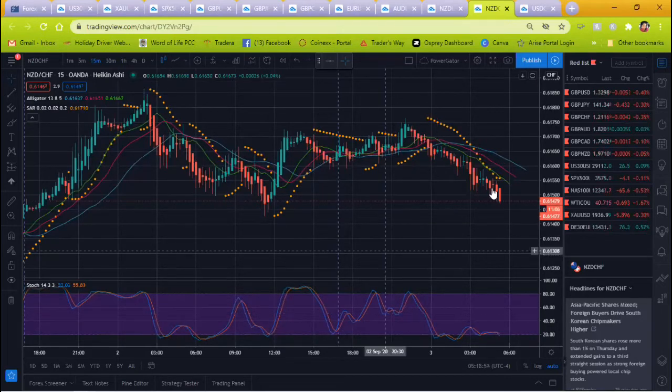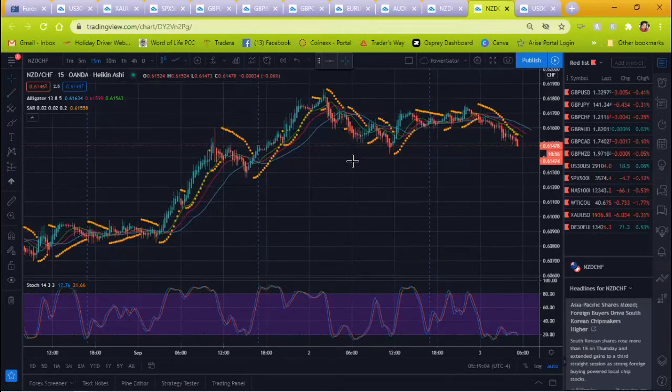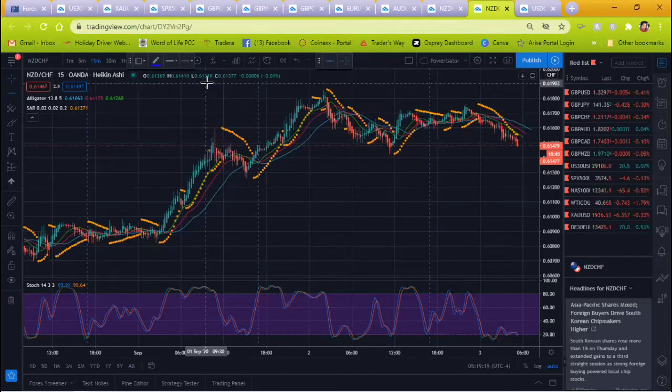Let's see. But because this alligator mouth is wide open, let's go ahead and see if we can get some support and resistance lines laid down and see if we can catch it before it makes its turn going back in the other direction. So the way that you lay down your support and resistance lines, you have two ways of doing that.